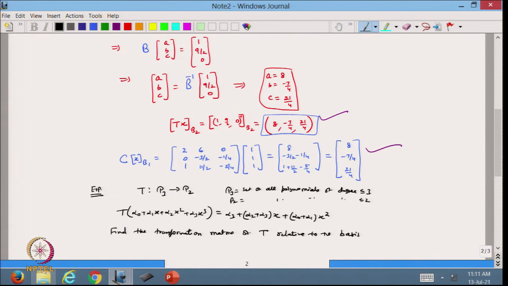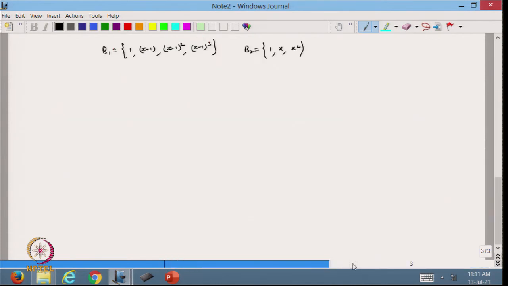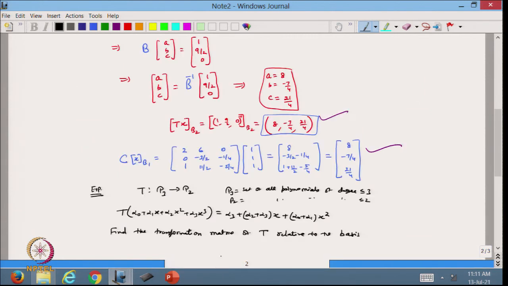Now, if somebody asks me what will be the matrix corresponding to the standard basis, we know that. So, now let us do directly from here. So, solution. We know that the linear transformation is completely determined by the image on the basis of P3.